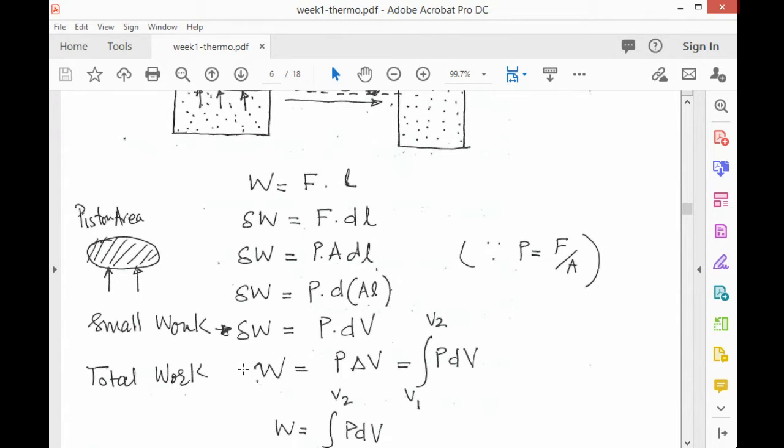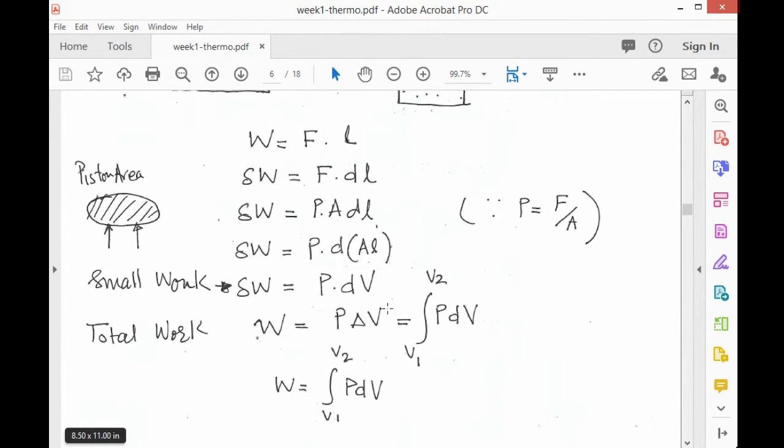You see the difference? There is no sigma and no d here, because this is total work. The integral sign is the sum, S. Integration is nothing but the summation of the quantity. So remember this.